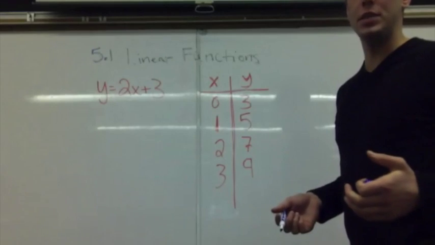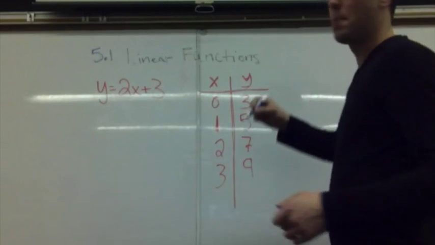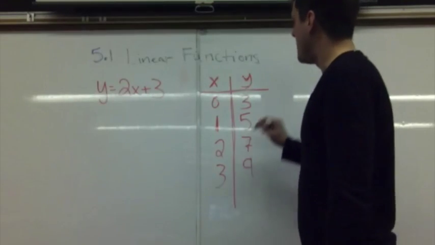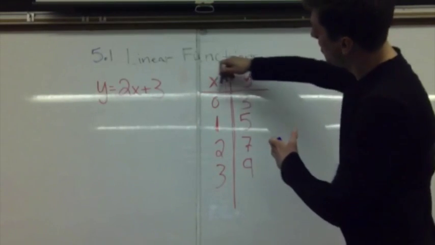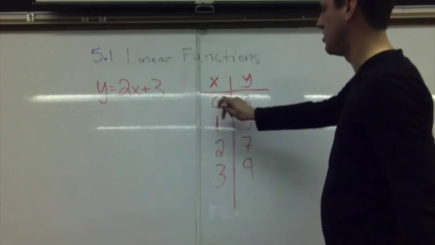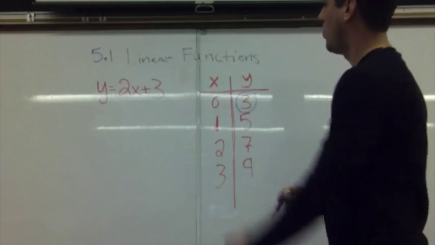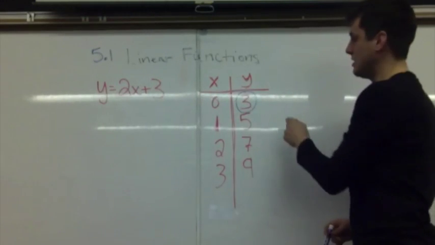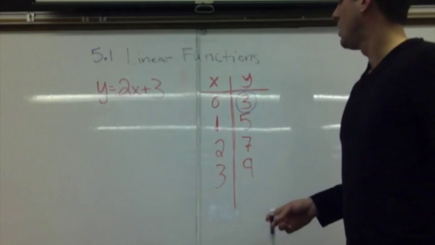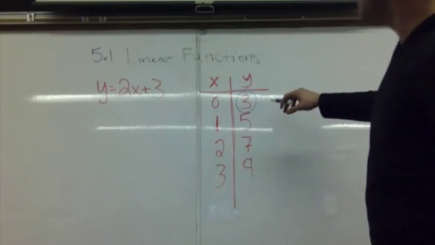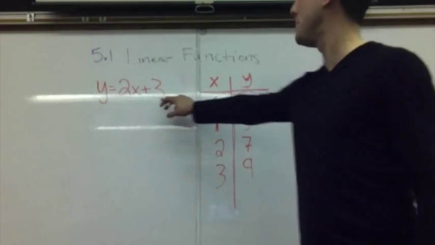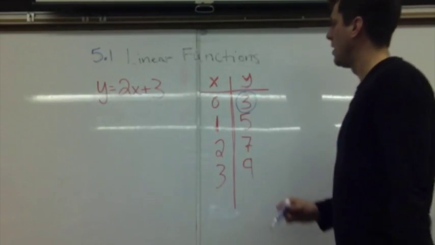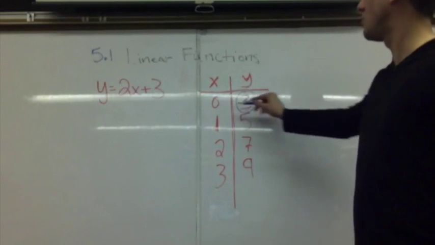Maybe you recall from chapter 1, but b, which is your constant being added, is always going to be the number across from where x equals 0. So wherever x equals 0, your y value for that coordinate pair is b. So as you can see over here, b is 3, and this is 3. So they agree.